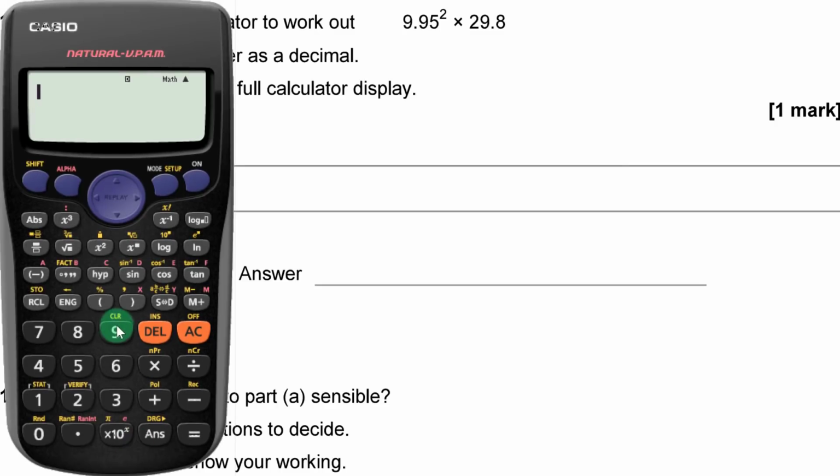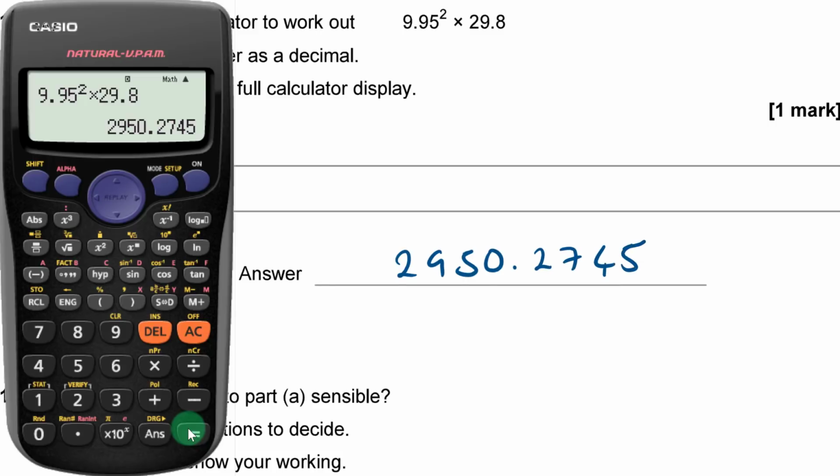So 9.95 squared times 29.8 equals, write down your full calculator display. So 2950.2745. Okay, that's what I got.